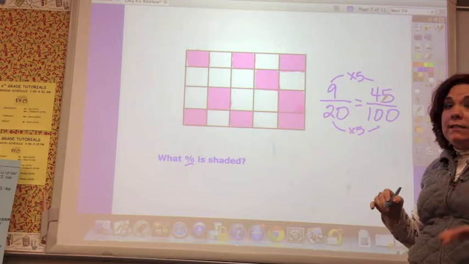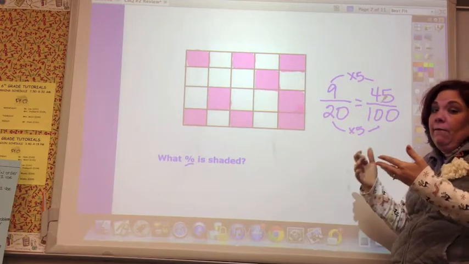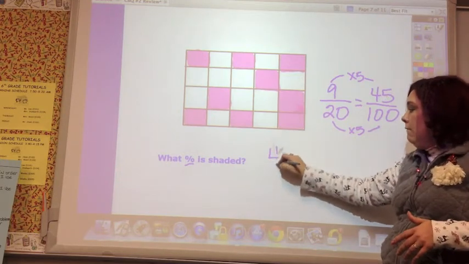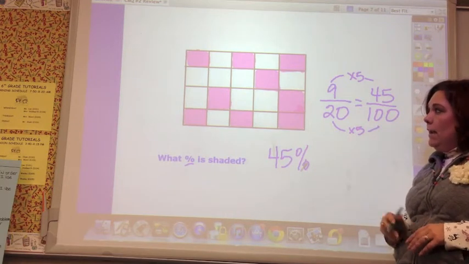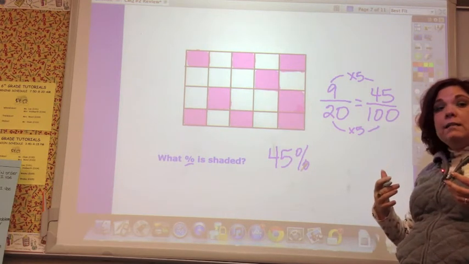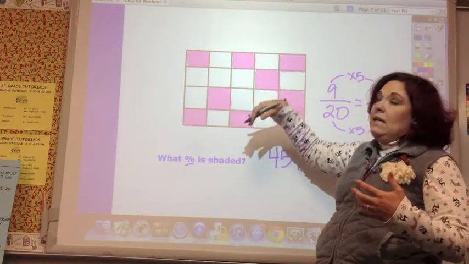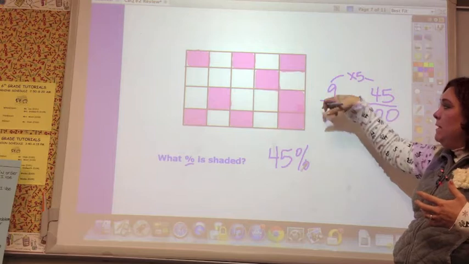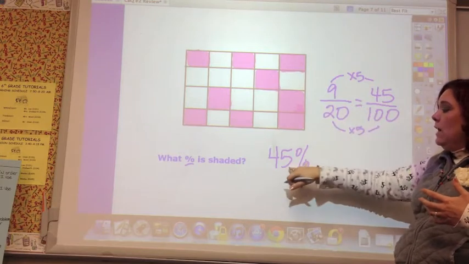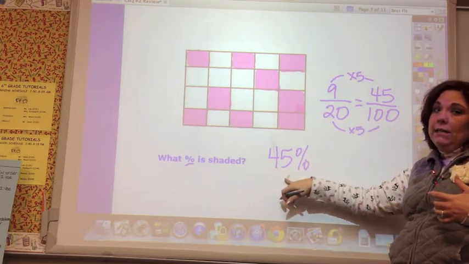So my percent, which just means out of 100, is 45%. Okay? And I can tell that's right because a little less than half of my boxes are shaded. Half of 20 would be 10, and I have 9 shaded, so it makes sense that it's 45%.